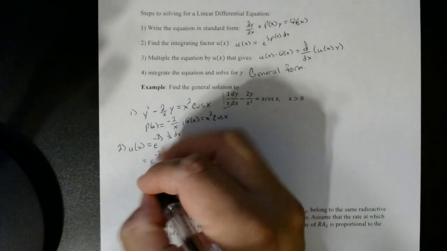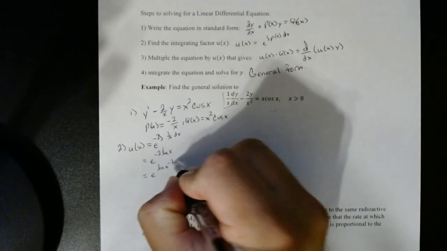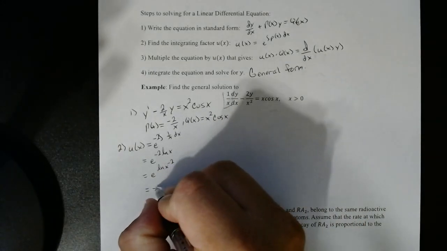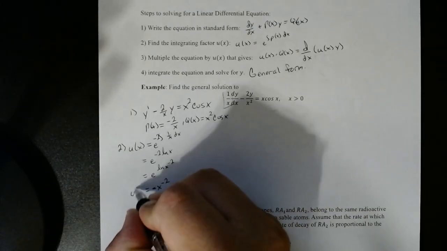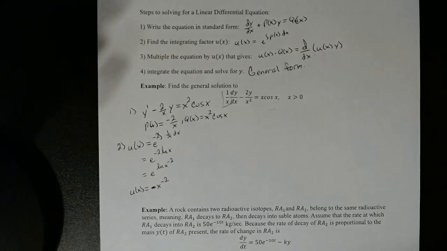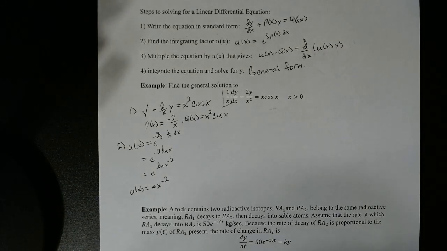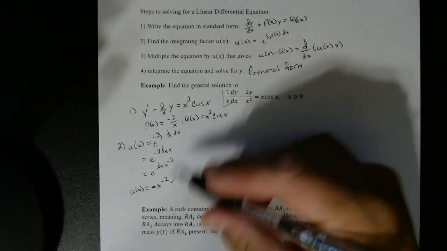And if I bring this to the top, because I really don't like this e stuff, I now get this. And logs and e's cancel, so eventually u of x is equal to x to the negative 2 power. All right, so now done with step 2. Now we go on to step 3.